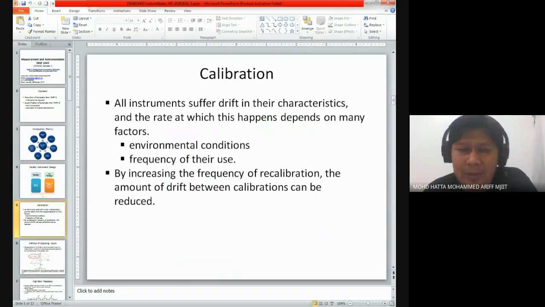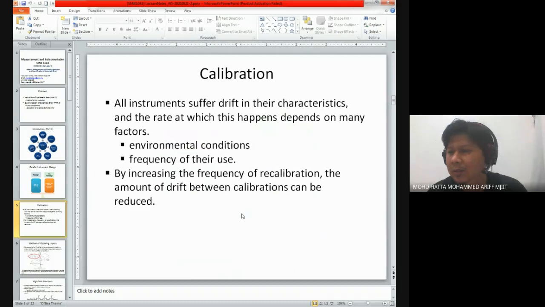Okay, first we talk about calibration. I think everyone knows that calibration may be needed due to the environment and also wear and tear. Maybe you purchased the item a long time ago, maybe 10 years back, which means that you need to recalibrate.